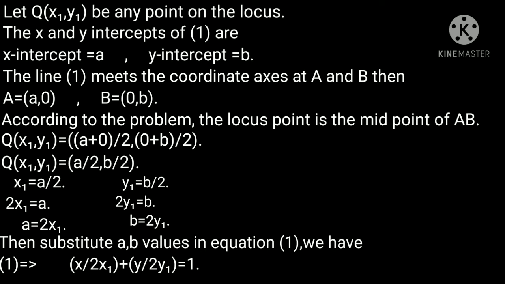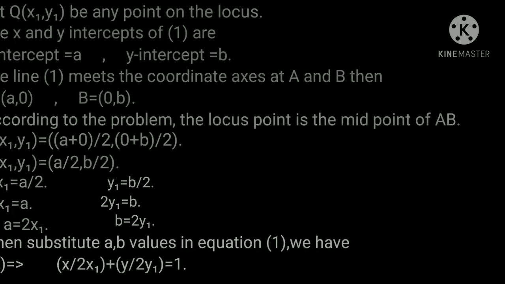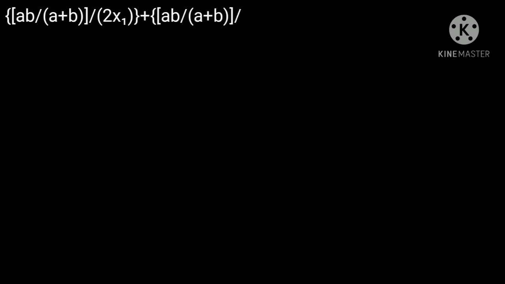Then substitute the point P in the above equation, we have (ab/(a+b))/(2x1) + (ab/(a+b))/(2y1) equal to 1, because the point of intersection value is (ab/(a+b), ab/(a+b)). These values are substituted in the above equation: x/(2x1) + y/(2y1) equal to 1.